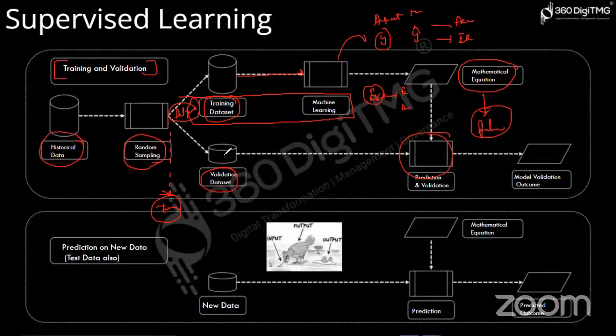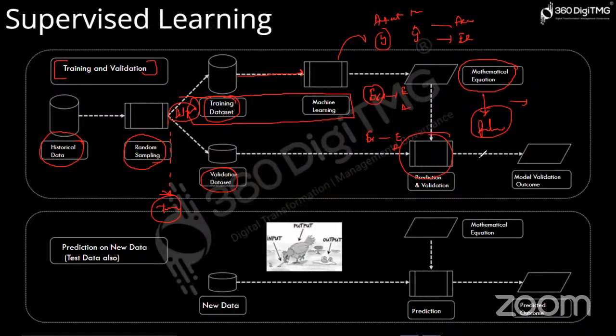Now I am going to apply my validation data on the same model and again do my evaluation. I am going to compare the evaluation values, and based on that, I am going to take a decision on my model, whether it is the right fit or not.